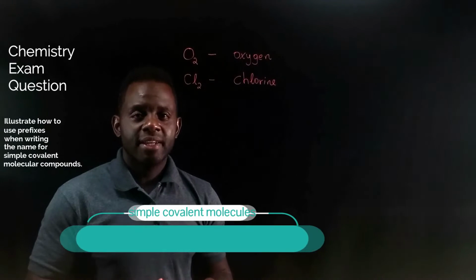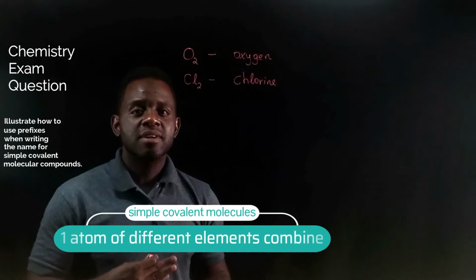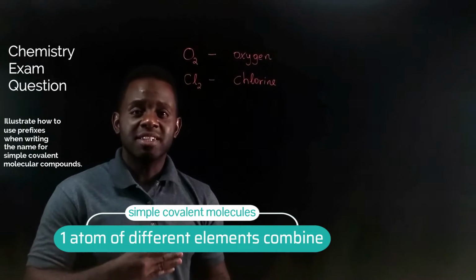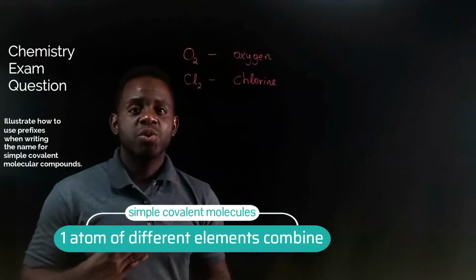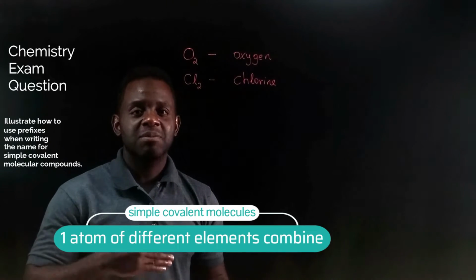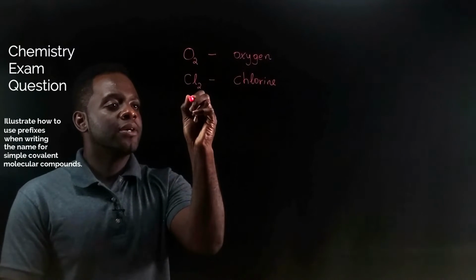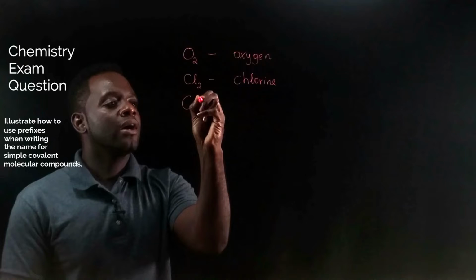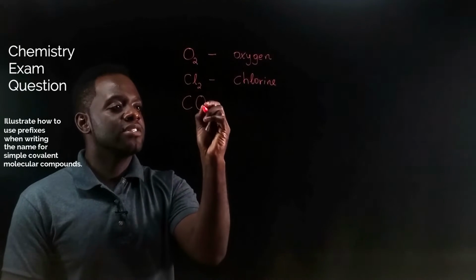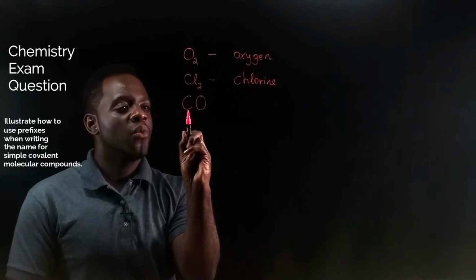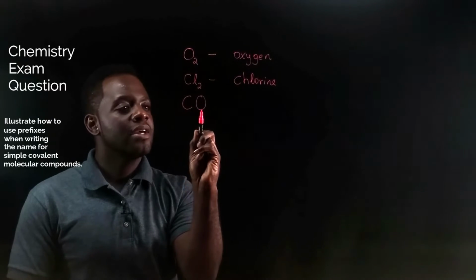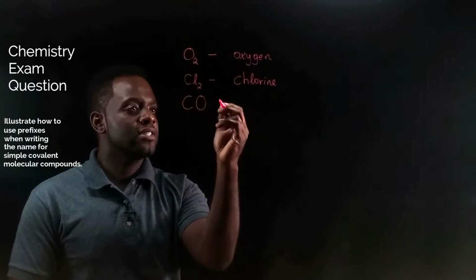Now let's look at an example when the atoms combined are from different elements and there's only one of those atoms in the molecule. For example, the compound formed when carbon combines with oxygen, and there's only one atom of carbon and one of oxygen.